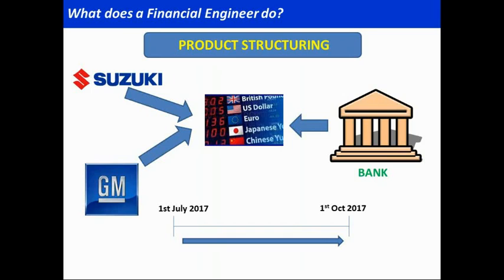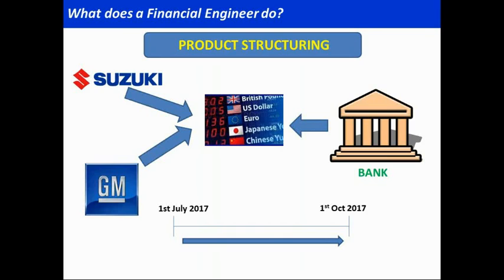For example, today is 1st of July 2017, and it goes to a bank and says, maybe I need to import something from the UK, and a dollar is going at 1.5 pounds today, and I think by the time I need to import the materials, the pound might be more costly. I might have to pay $1.6 for a pound. So I want to fix the rate today, although I will require those pounds later.